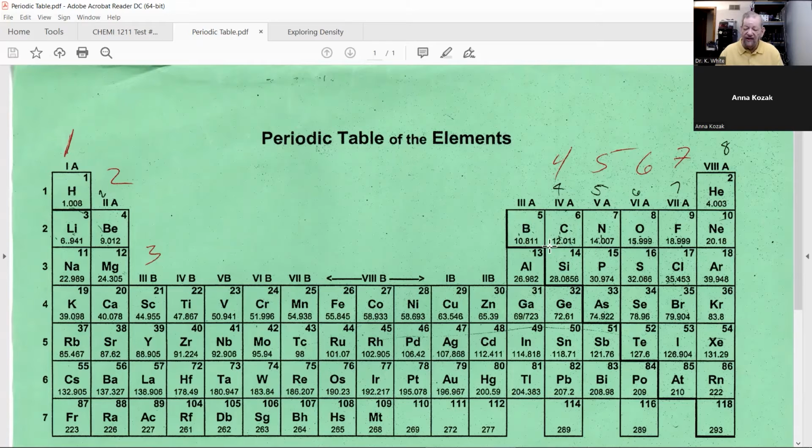For carbon, it's 12.011. And if I asked you what's the atomic weight of chlorine, well, first of all, chlorine is Cl. It's a halogen right here, and it's 35.453. Now, if you notice, these numbers have different significant figures. Like this one for chlorine is 5.